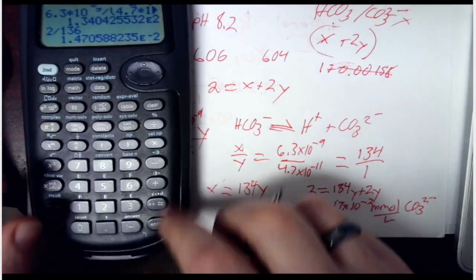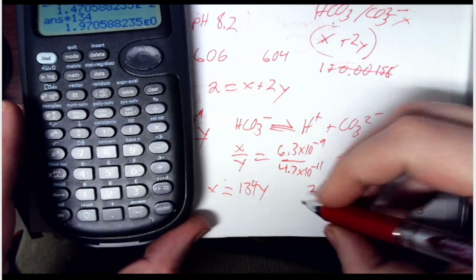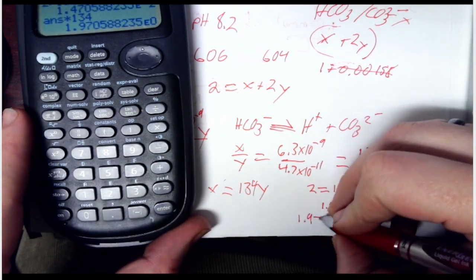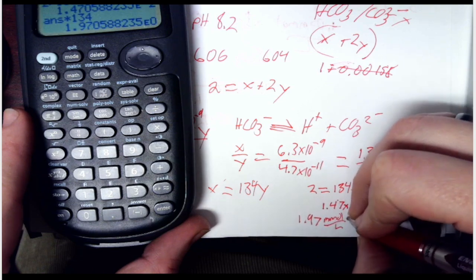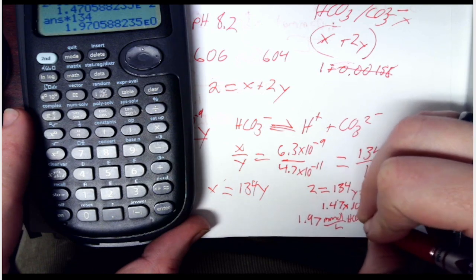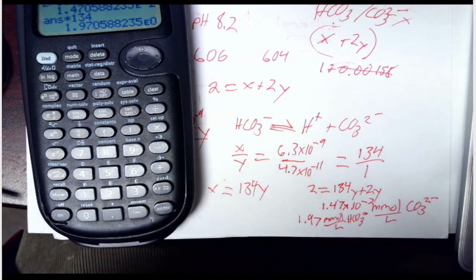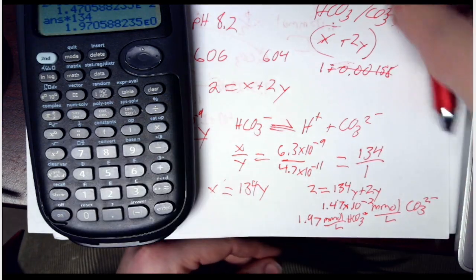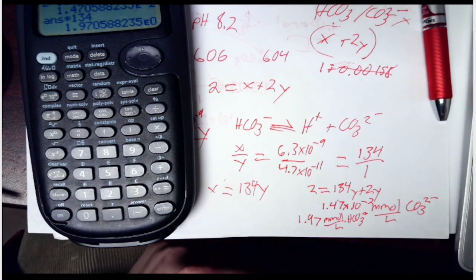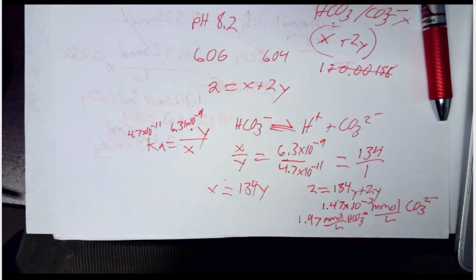And that means, if I multiply that number by 134, I'm going to get something like 1.97 millimoles per liter of hydrogen carbonate. So almost none for the carbonate, and a relatively high concentration for hydrogen carbonate.